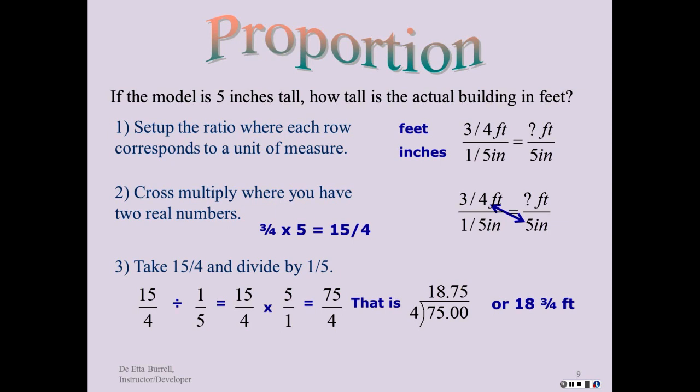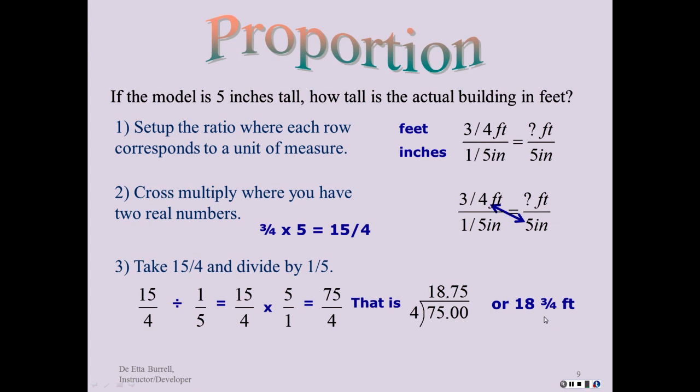Are there any questions about the setup, the cross multiply, or the division in order to get that 18 3/4 feet? Yes, Ayub. Well, you should know by now that 0.75 is the same as 3/4.